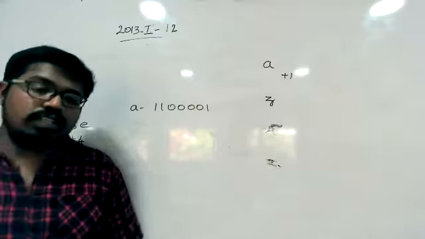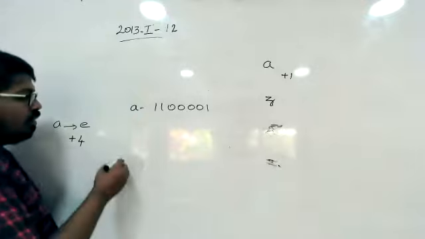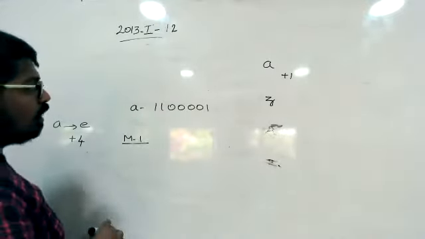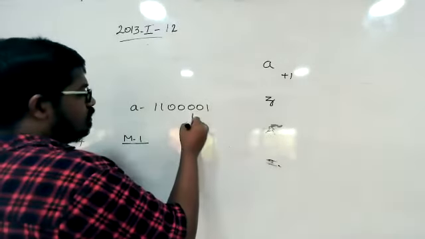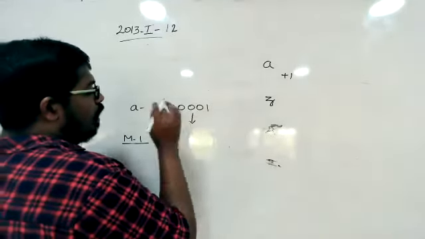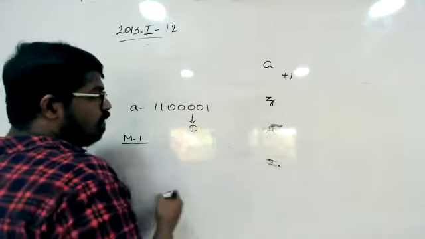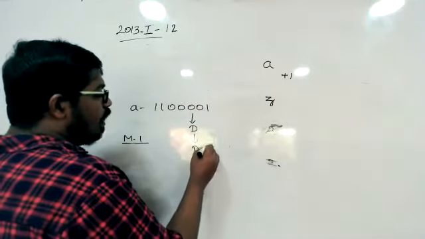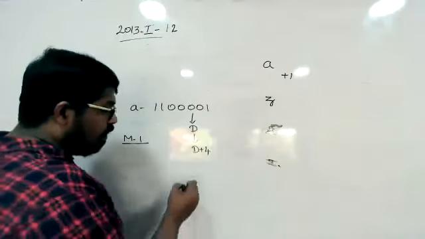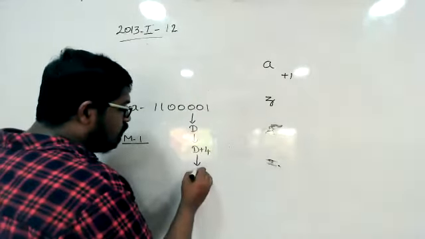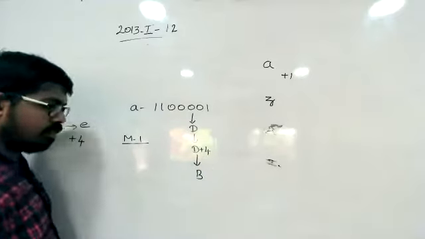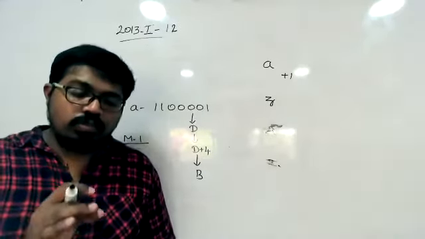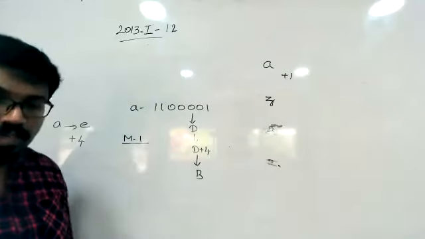You can do it in 2 ways. Method 1 says you can convert this binary into decimal, add 4 to that decimal value, and then convert it to binary again. That is method 1, but it is a too long method. Don't do it.